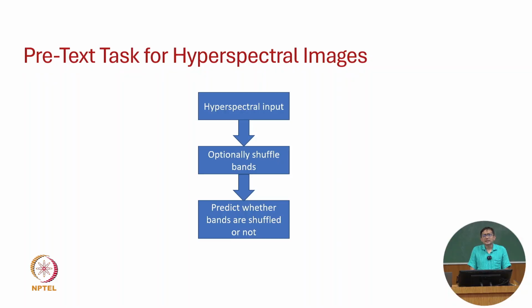So following this, what we could do is, given hyperspectral input, we could shuffle the bands of the hyperspectral image. And then on top of this, we can create a number of pretext tasks. One possible very easy pretext task could be to just predict whether the bands are shuffled or not.